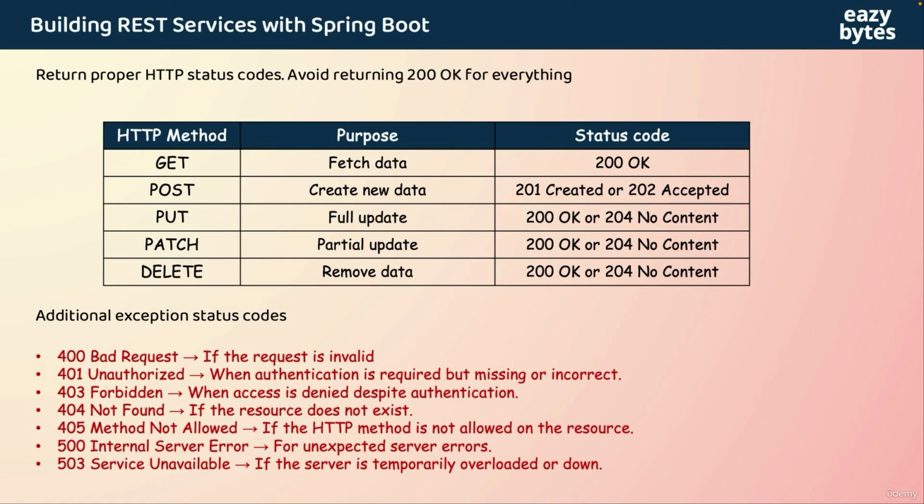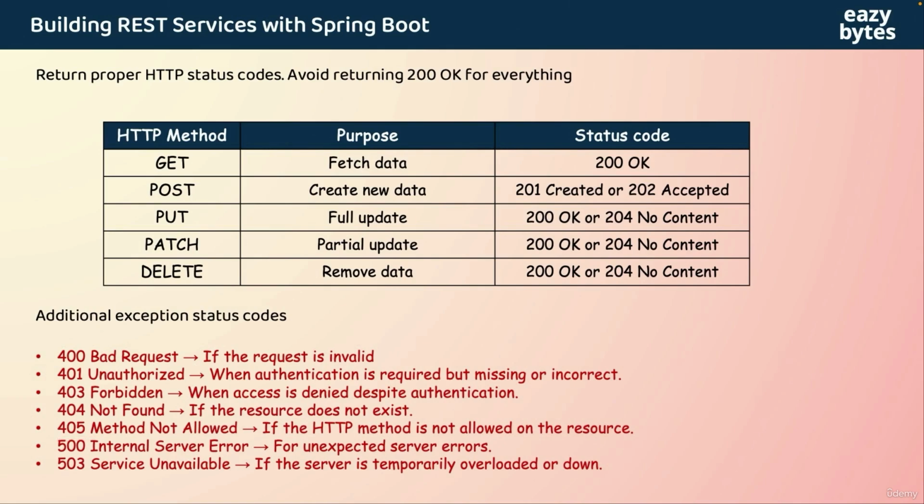But for the negative scenarios or the exception scenarios, you need to make sure you are sending the corresponding status codes. For example, if there is a problem while invoking the request, you need to pass the status codes that start with 4. We should return 400 when the input request data is not valid. 401 if someone is trying to invoke without any security. 403 we should send if some client application does not have access to invoke so-and-so REST API. 404 if someone is trying to invoke a REST API that is not available in the backend application. 405 means method not allowed.